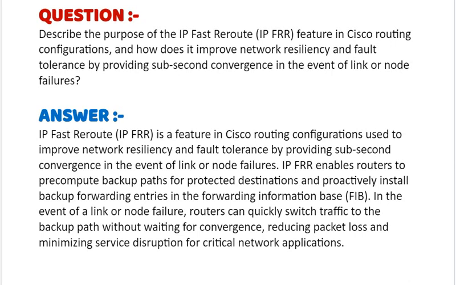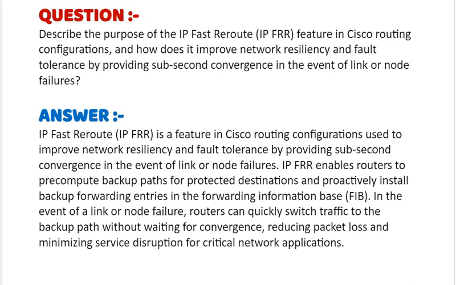Your answer should be: IP Fast Reroute (IPFRR) is a feature in Cisco routing configurations used to improve network resiliency and fault tolerance by providing sub-second convergence in the event of link or node failures.